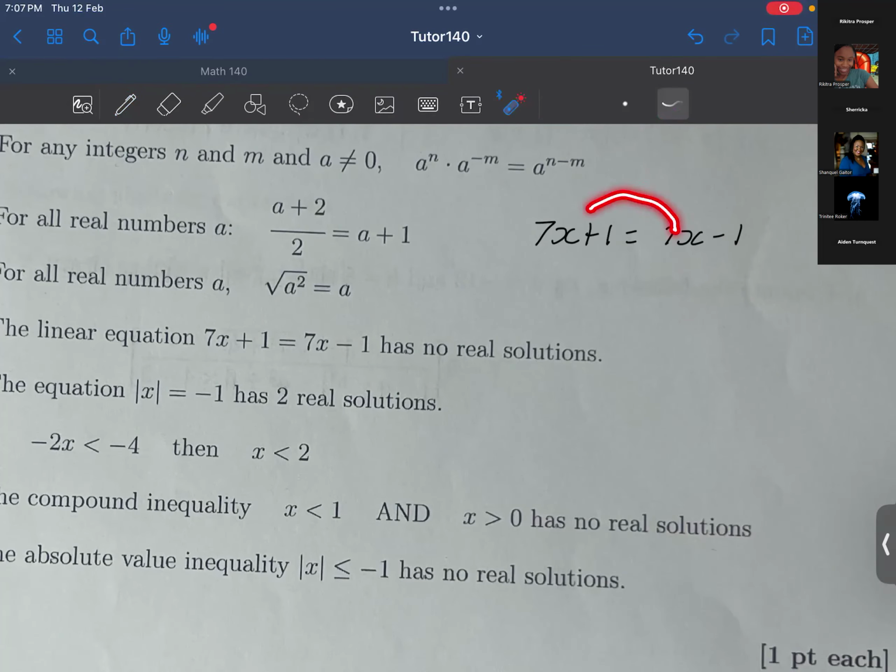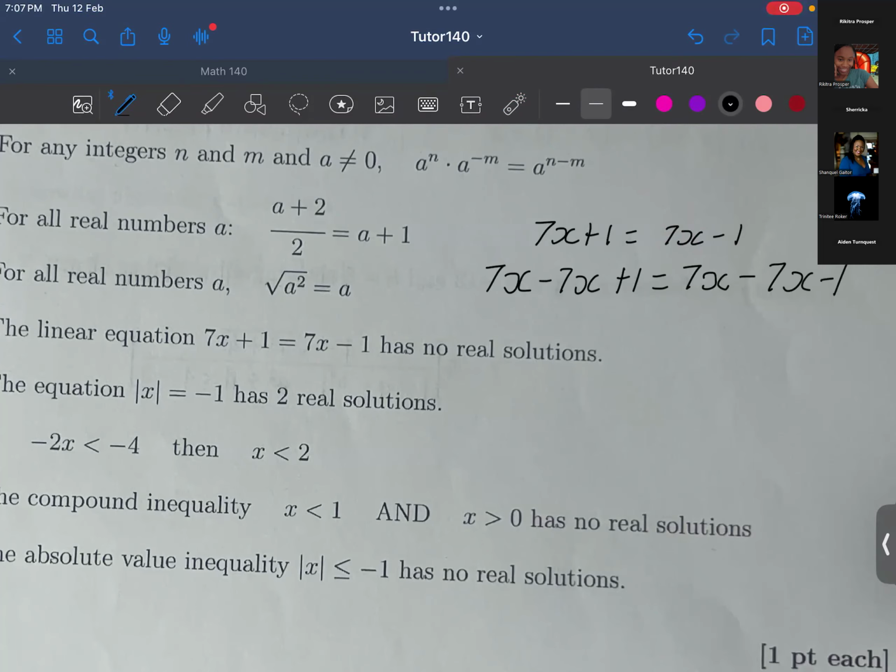So let me bring this 7x over. To do that, you transpose. Since it's positive over here, I'd have to subtract 7x from both sides. So that's 7x - 7x + 1 equals 7x - 7x - 1, right? So now we have 1 is equal to -1.